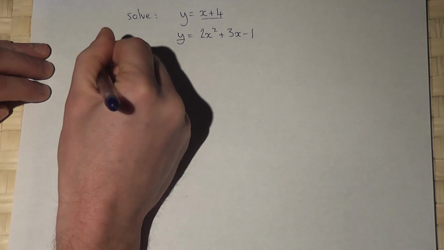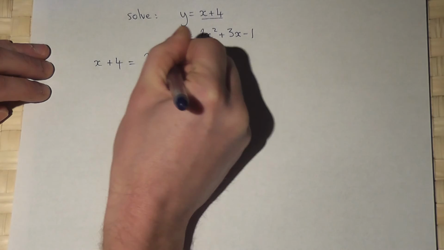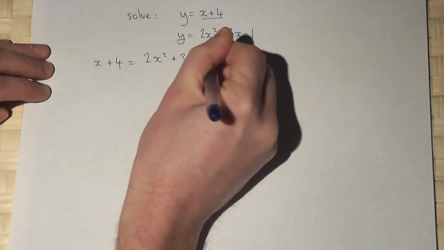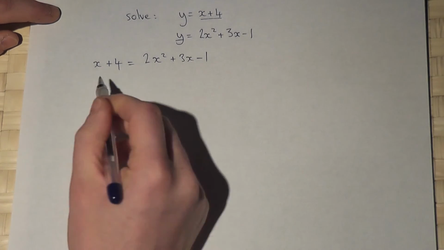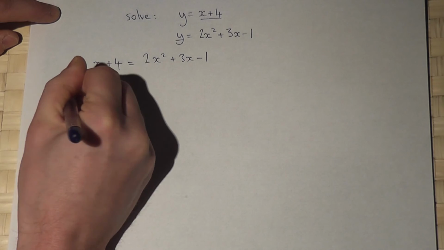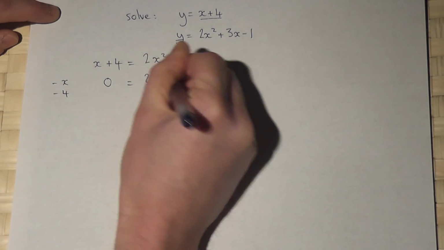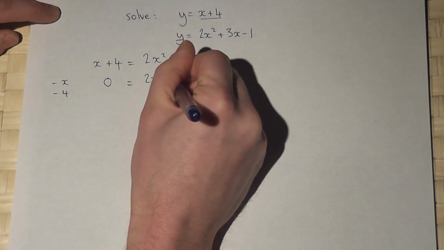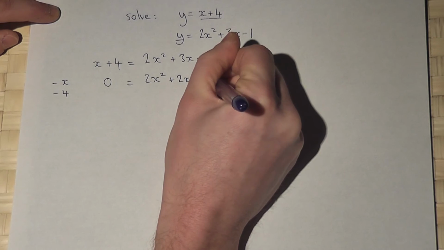So I get x plus 4 equals 2x squared plus 3x minus 1. Now to solve this equation I need 0 equals. So if I take away x and take away 4, I get 0 equals 2x squared. I've taken away x, so I get a 2x. And I've taken away 4, so I get a minus 5.